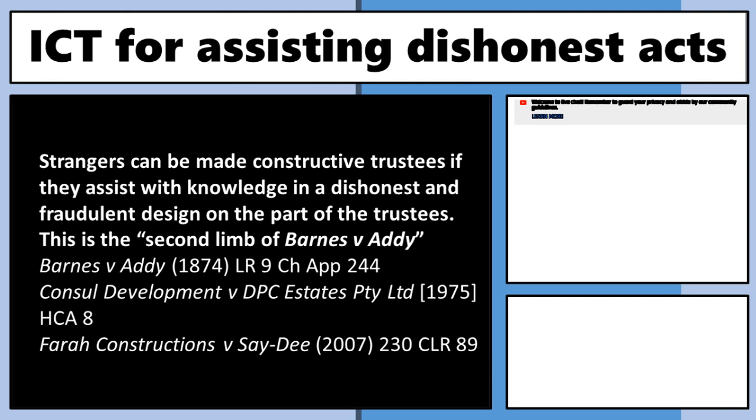Now, there is a distinction between rendering liable a defendant participating with knowledge in a dishonest and fraudulent design, and rendering liable a defendant who dishonestly procures or assists in a breach of trust or fiduciary obligation, where the trustee or fiduciary themselves need not have engaged in a dishonest or fraudulent design. There is a distinction, but you can be held liable for either.